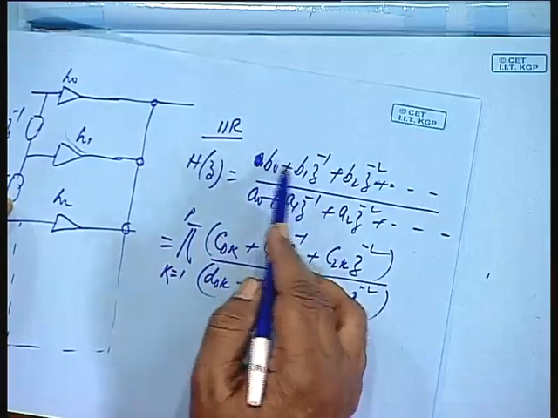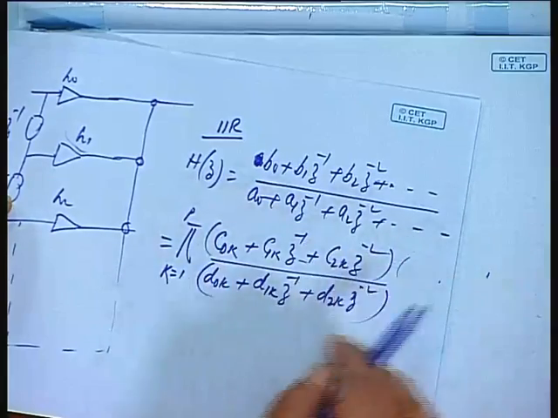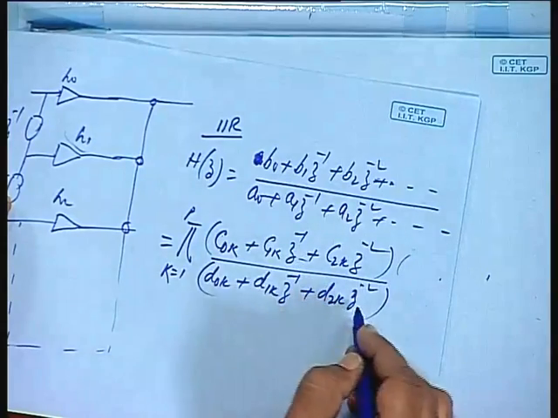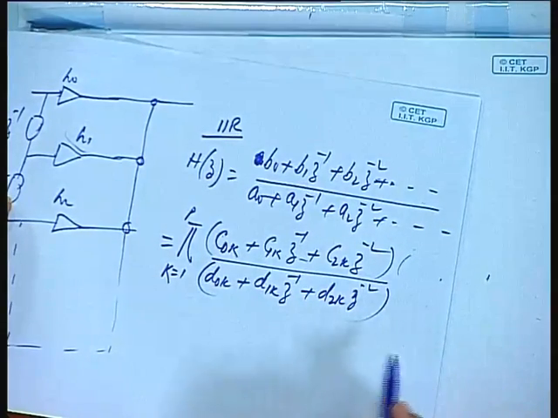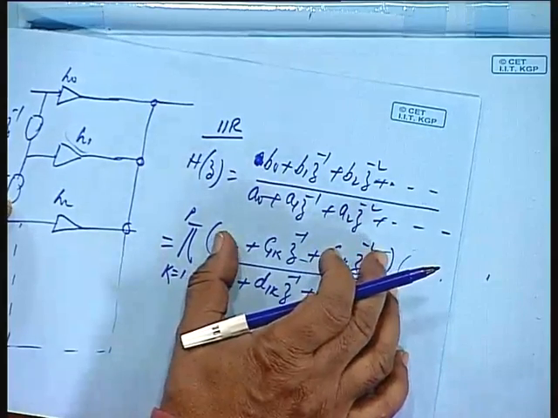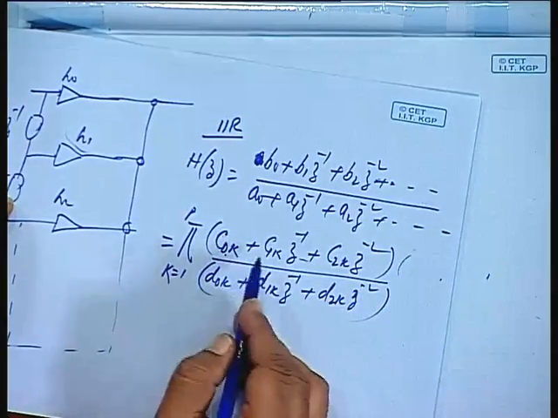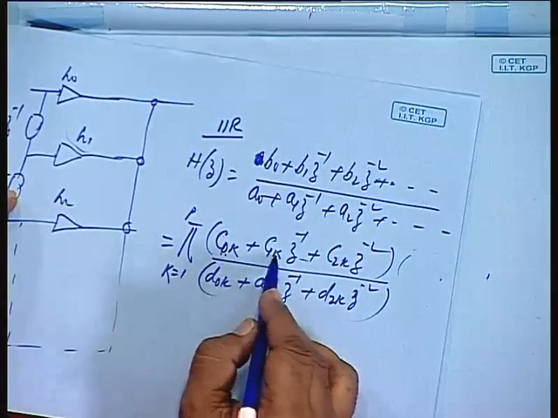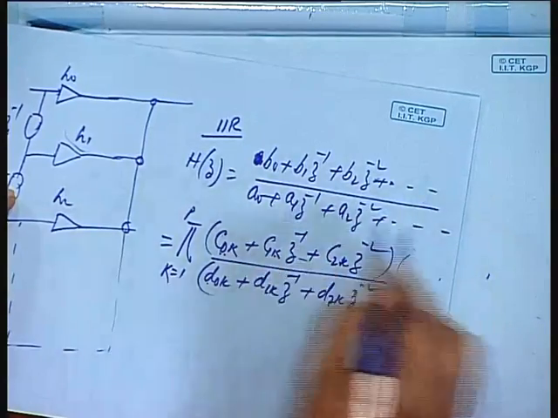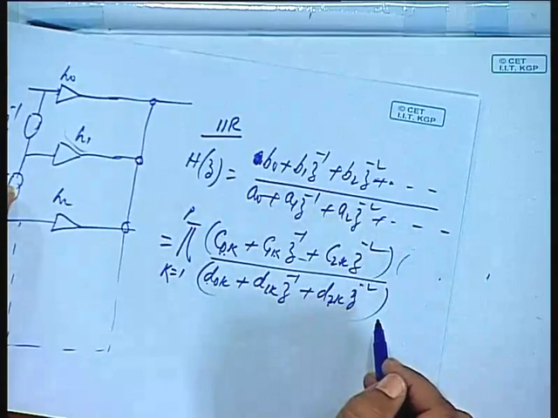It may so happen this is of lower degree, so you may not have all the coefficients present in a biquad. It can be just a constant divided by a quadratic. Now, in a biquad again, the poles and zeros corresponding to one biquad will be restricted, the sensitivity will be restricted to only these coefficients, these 6, not the entire set of numerator and denominator coefficients.